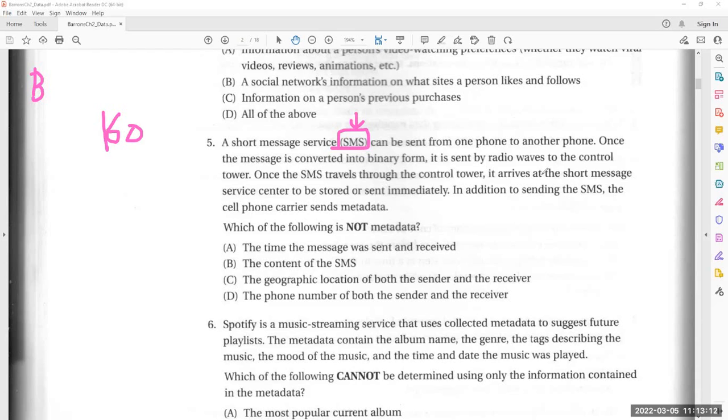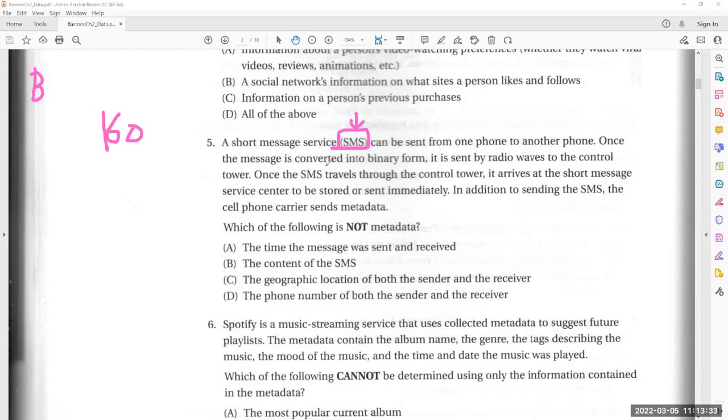Usually you will see some alert, like people sending on the freeway saying somewhere there is a gunshot. That kind of information is very important and very urgent. So that's the SMS.